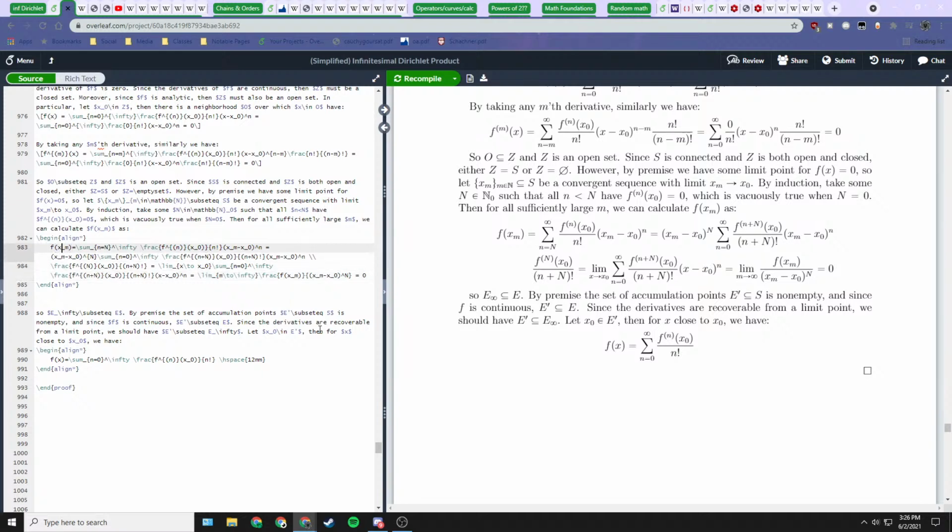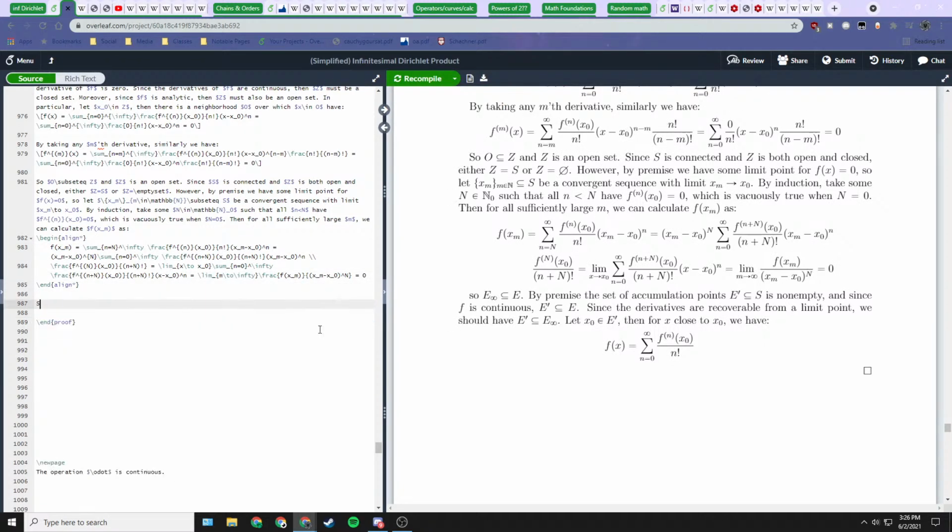And let me just make the alignment a little better. Okay, so we've got all these derivatives working out. And so we can also multiply by n plus. No, this is fine. So it follows by induction. This shouldn't be lowercase n. This should just be capital N factorial.